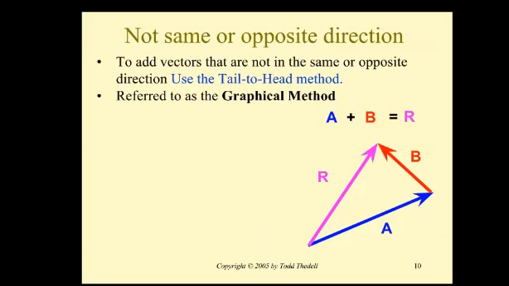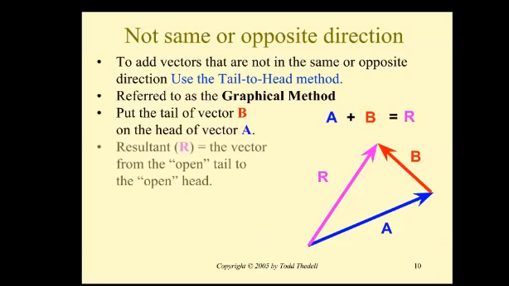You're using this tail-to-head. So in brief, we basically take the tail of B, that's the end without the arrowhead, and put it on the head of A. So A is drawn to scale, B is drawn to scale, and then the resultant goes from the open tail to the open head.